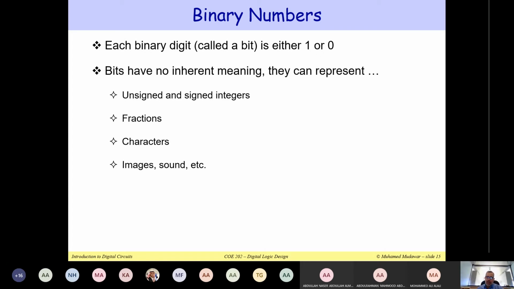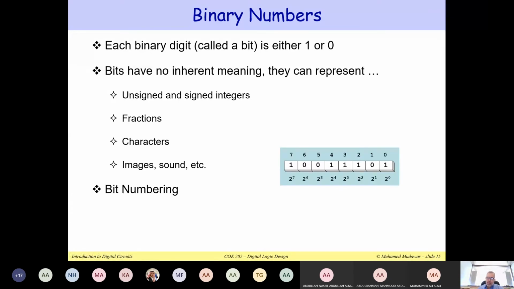Remember that binary means 2. And a binary digit is also called a bit. So bit means binary digit. It can be either a 1 or a 0. Now, let me go back and show you how we can represent a number in binary. A single bit can only represent two values, 0 and 1.